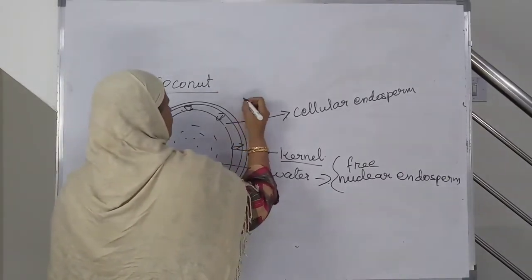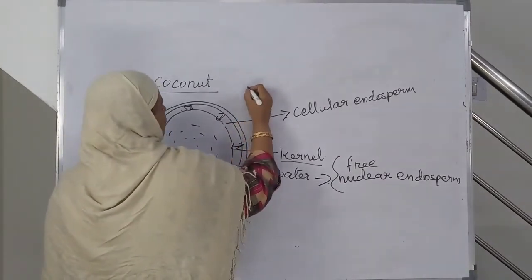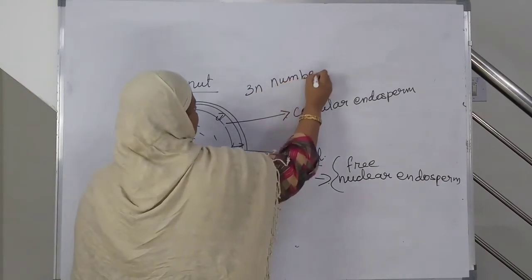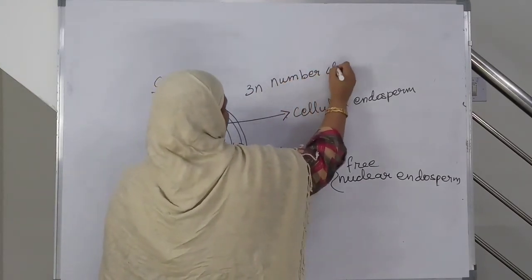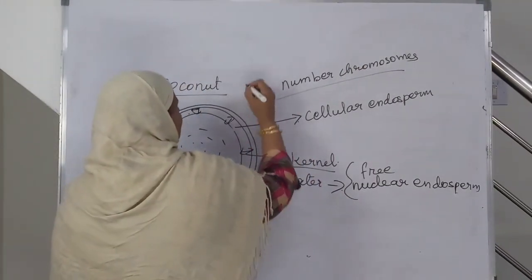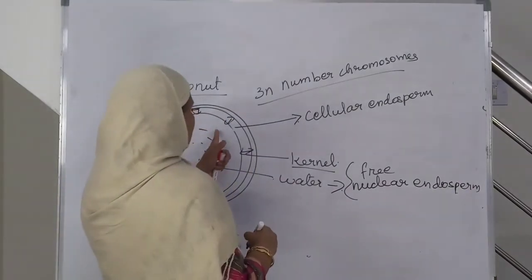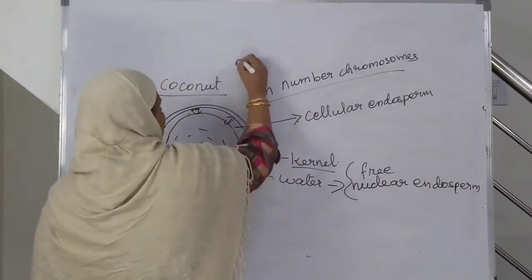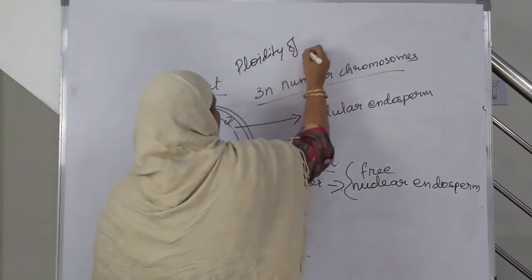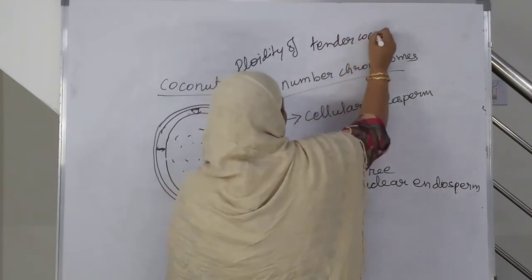Sometimes it may be asked, the endosperm of the coconut has how many chromosomes. Need-based question, what is the ploidy of tender coconut water may be asked.